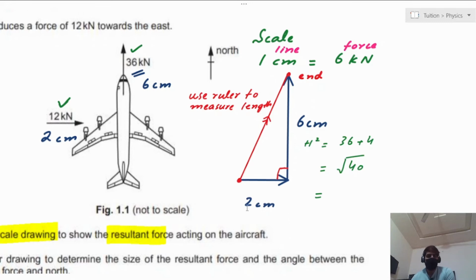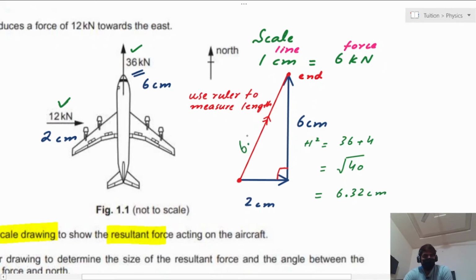Let me hit it on the calculator, it would be 6 point something. 40, square root, 6.32, so 6.32 centimeter.